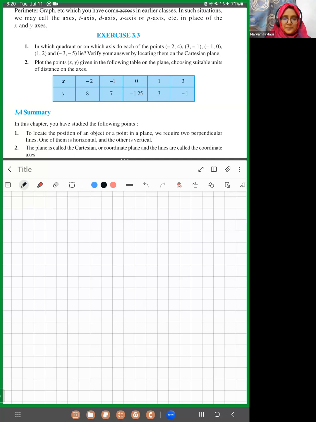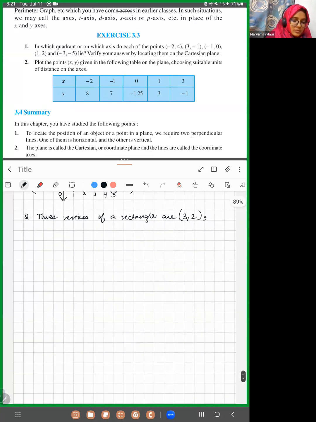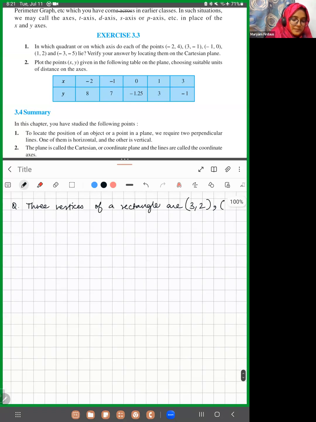Okay, let's do one question. Please note this question down. Three vertices of a rectangle are 3, 2, -4, 2, and -4, 5.